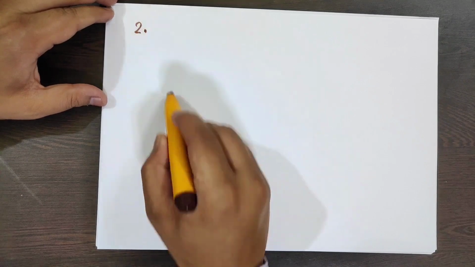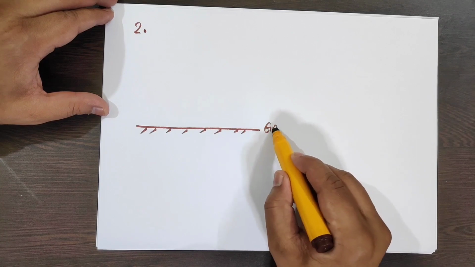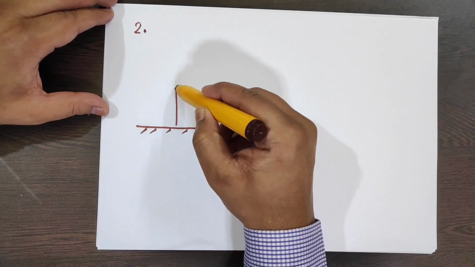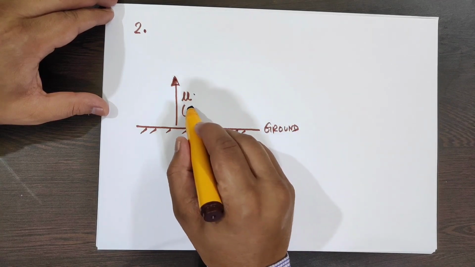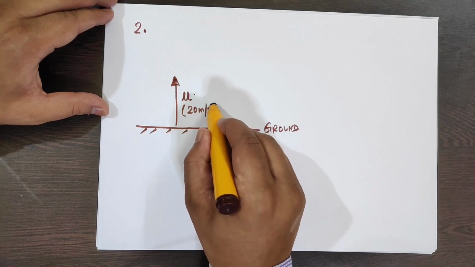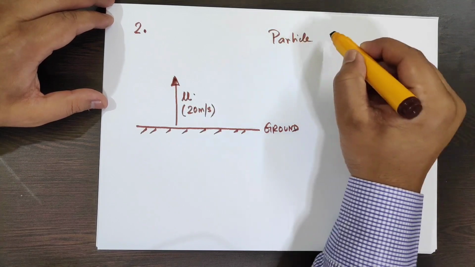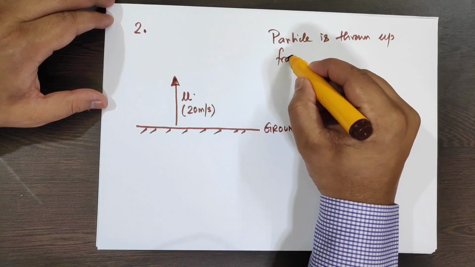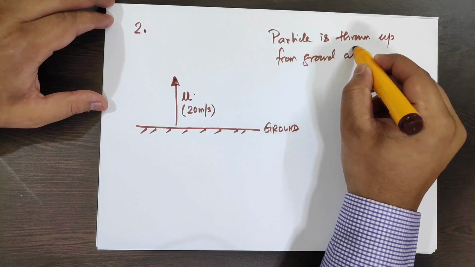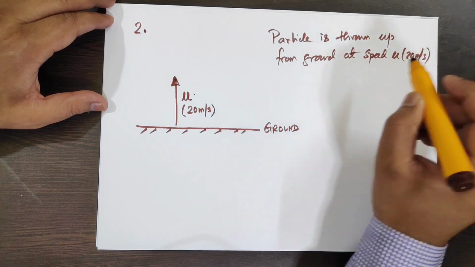Now the next problem we'll take up is, here instead of dropping, the particle is thrown up from ground with a speed u, and say I'll give some values. So suppose it is 20 meter per second. Particle is thrown up from ground at speed u, 20 meter per second.